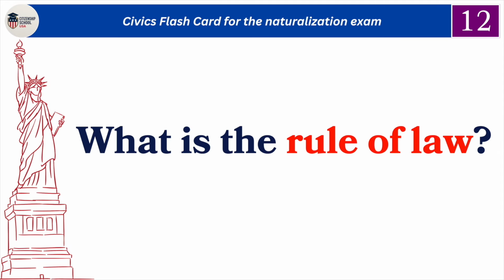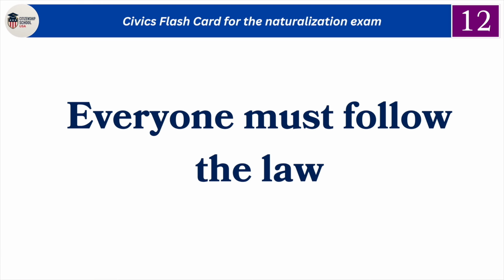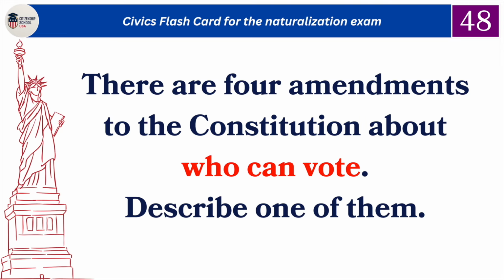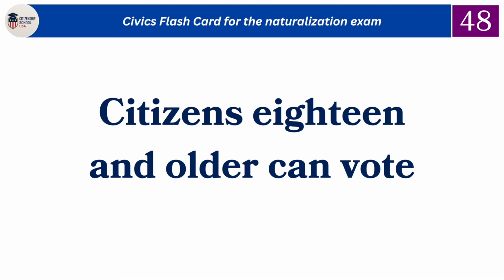What is the rule of law? Everyone must follow the law. There are 4 amendments to the Constitution about who can vote. Describe one of them. Citizens 18 and older can vote.